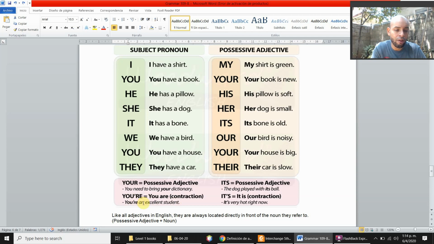And it's followed by a description or a location. This one, the possessive adjective, is followed by a noun, and it's always used as an adjective. How are adjectives used? Before a noun or after the verb be.